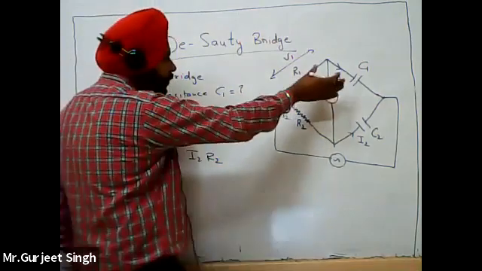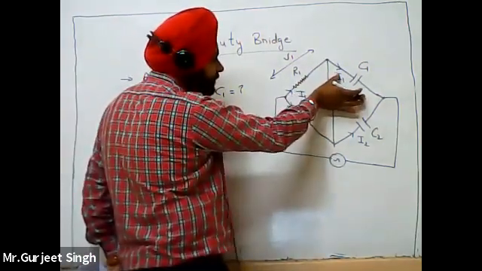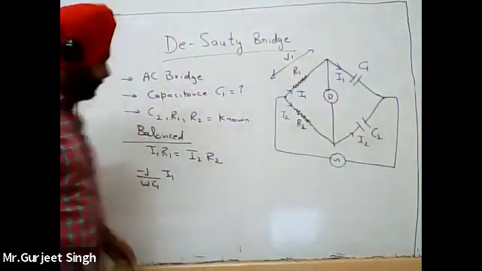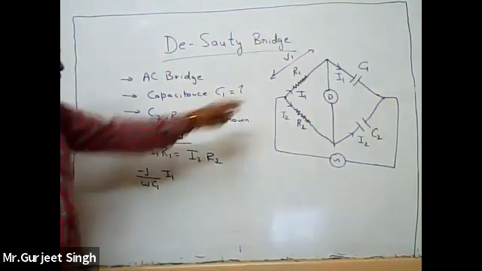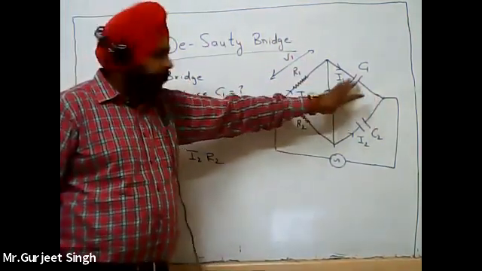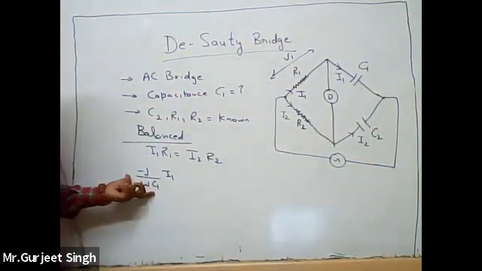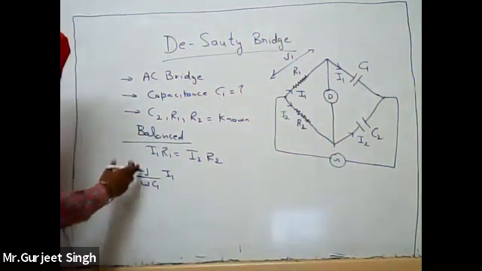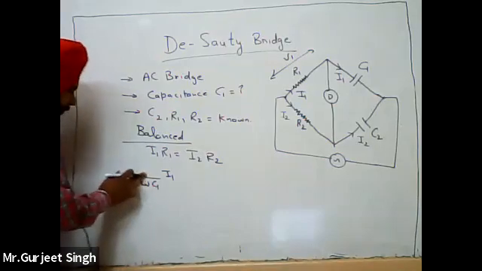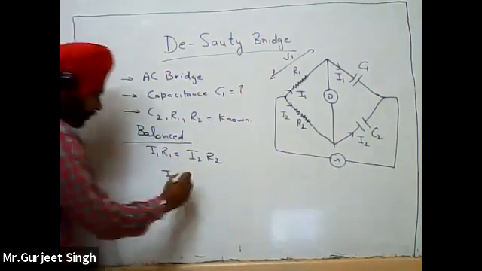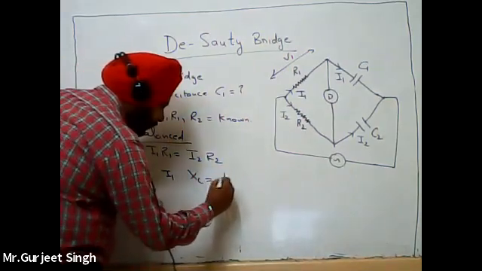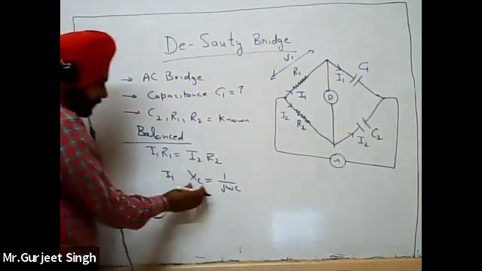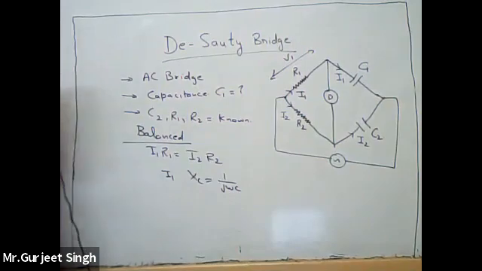The voltage across capacitor C1 is given by the I1 current flowing through this arm times the capacitive reactance. Why have I written minus j here? Students, Xc is the capacitive reactance, and it is equal to 1 upon j omega C.